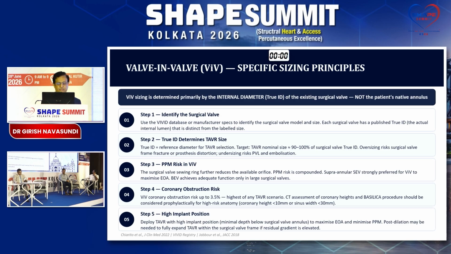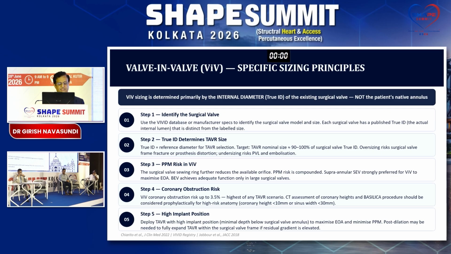If you try to get a bigger valve just because there is a PPM, the valve may migrate or it may be associated with HALT and other things. The coronary obstruction risk also goes up if you use a bigger valve in these people, because the leaflets of the first surgical valve create a covered stent within which the second set of leaflets would open.